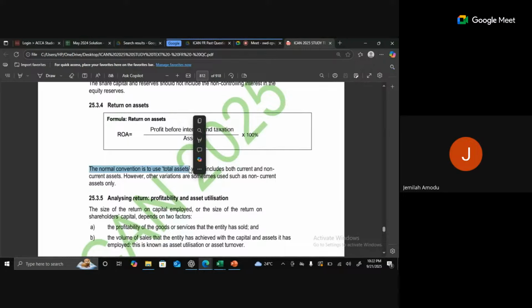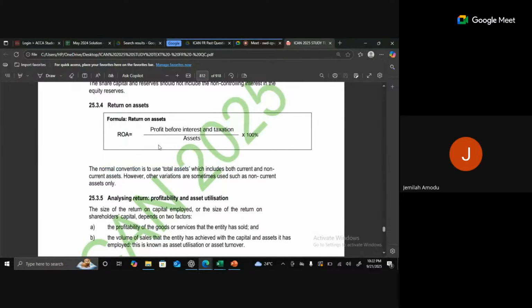The total assets consist of your current assets and non-current assets, right? But they're not telling you that sometimes you can use non-current assets only, depending on what is available to you, right? Or depending on what you are looking to achieve, right?